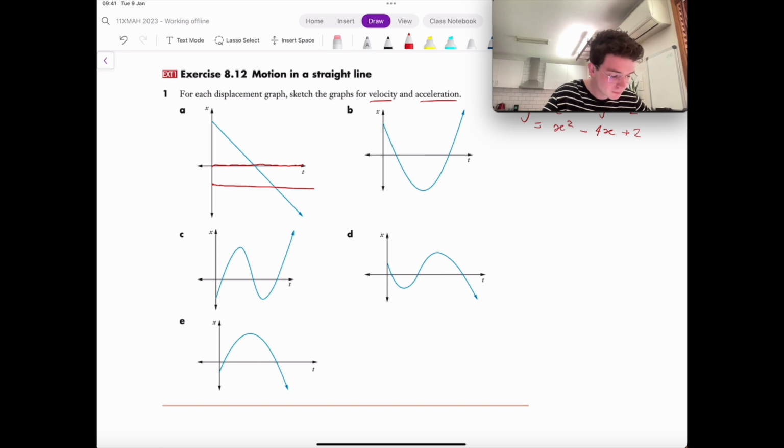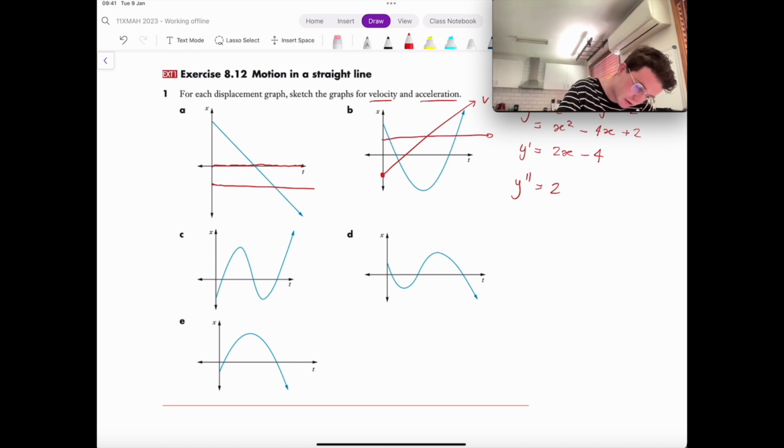So if I differentiate that, y dash, I'm going to get 2x minus 4. So I'm going to get a positive straight line, with intercept minus 4, and it's going to go up like that. That's going to be my velocity. The acceleration, y dash dash, is going to be 2. So it's going to be a positive straight line. It's going to look like that. That's my velocity, that's my acceleration.